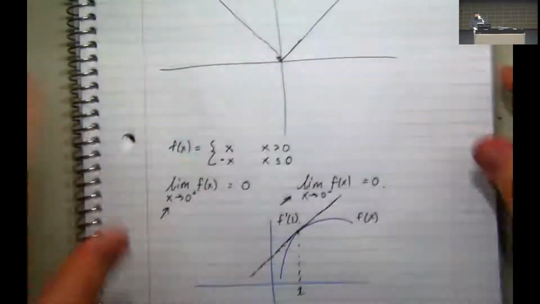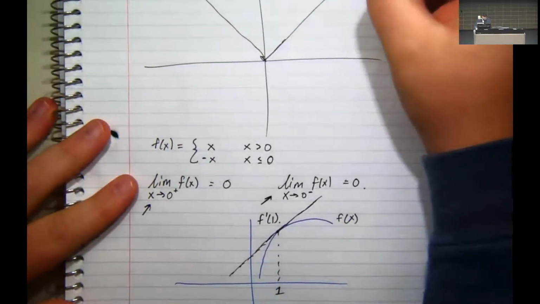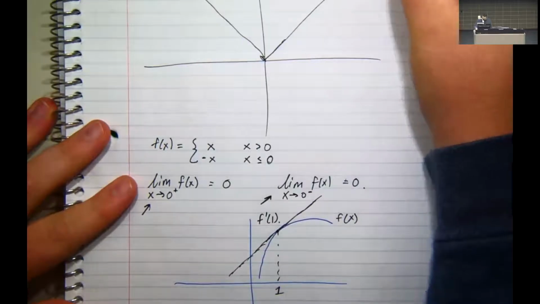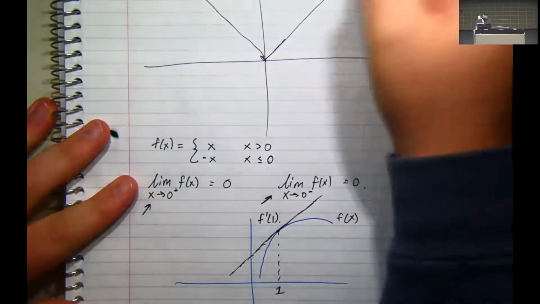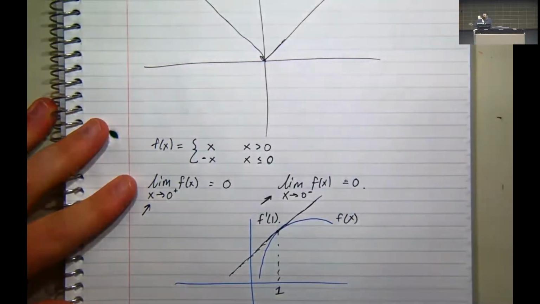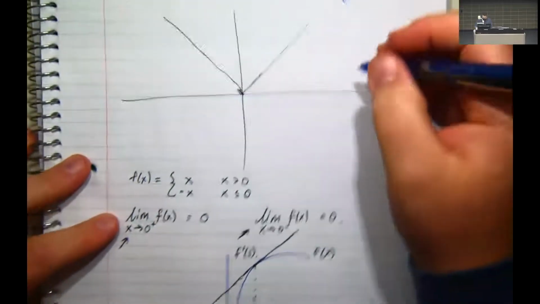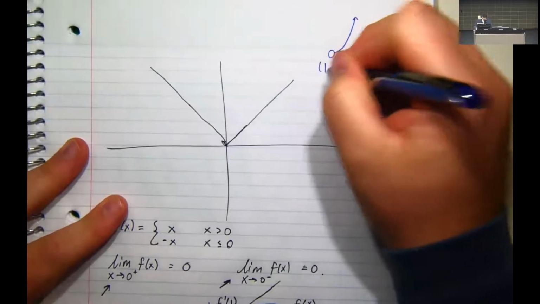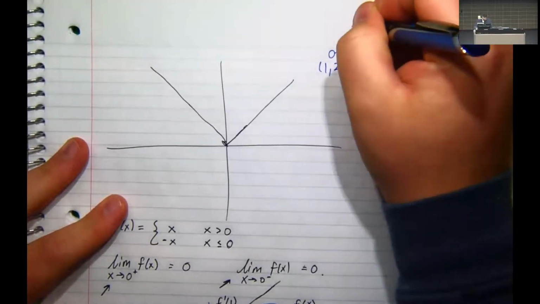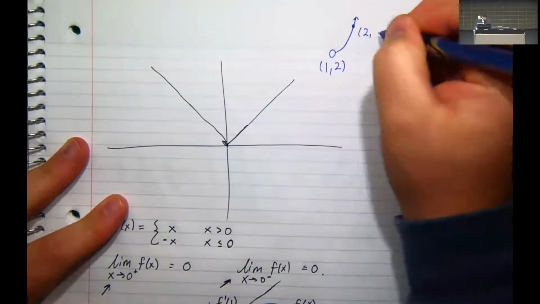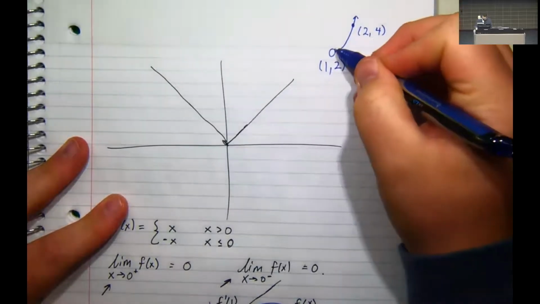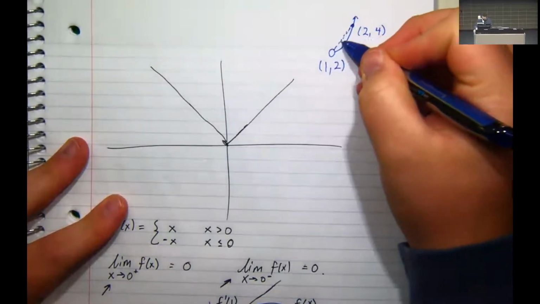So in that example, let's say we have a hole and a function that's going like this. If we wanted to find a secant line, forget the tangent line, and let's say this is the point (1, 2) and this is the point (2, 4), then this would be your secant line, right?